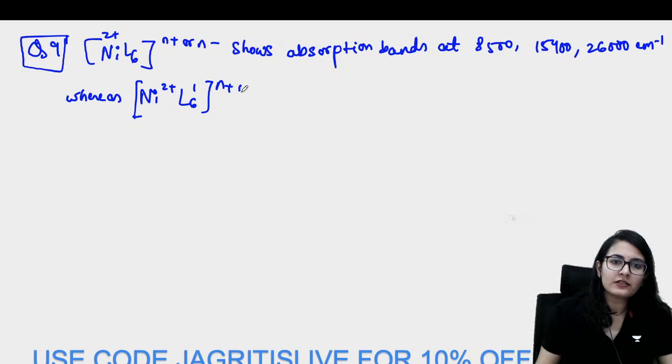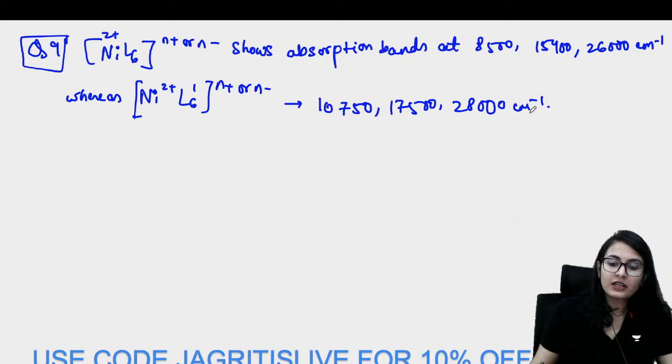There could be n plus or n minus. This is going to show the absorption bands at 10750, 17,500, 28,000 centimeter inverse. So what are L and L' respectively?